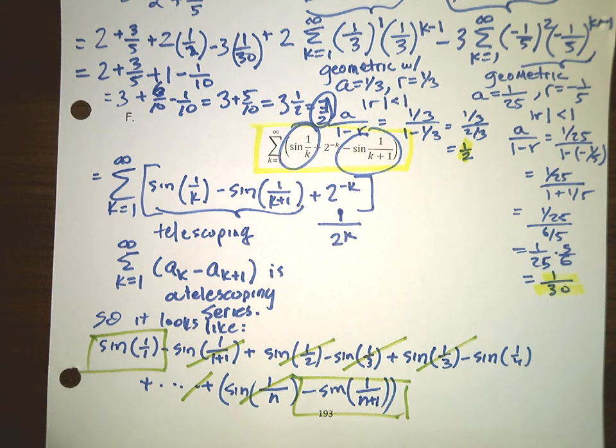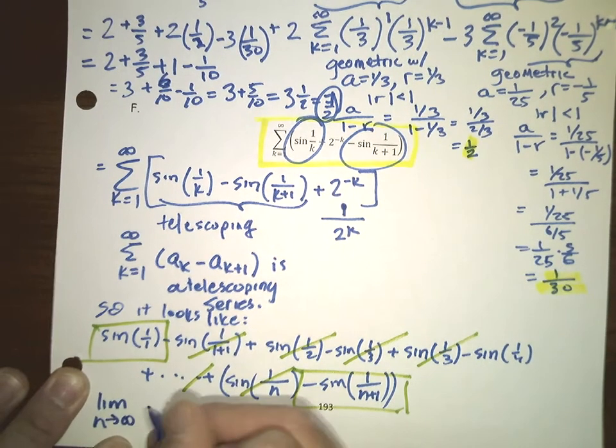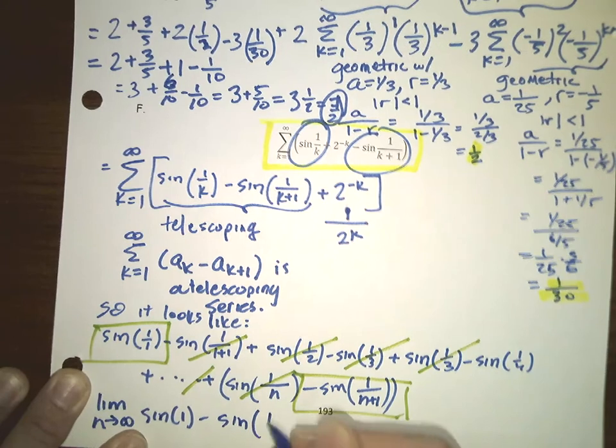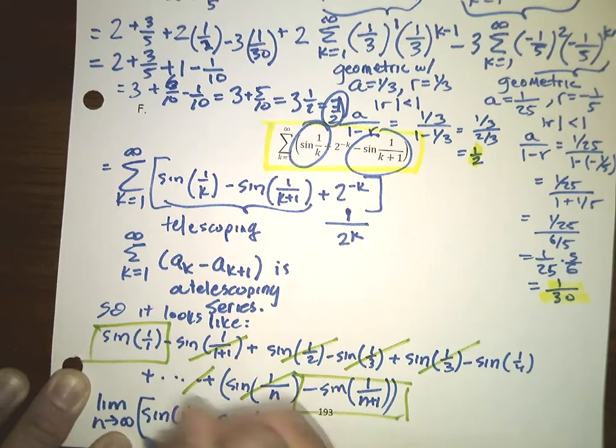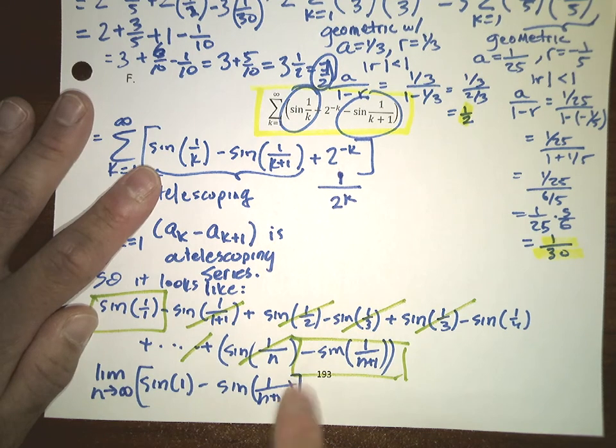So if I want the limit as n goes to infinity of sine of 1 minus sine of 1 over n plus 1, then as n goes to infinity, essentially 1 over n plus 1 is going to 0.